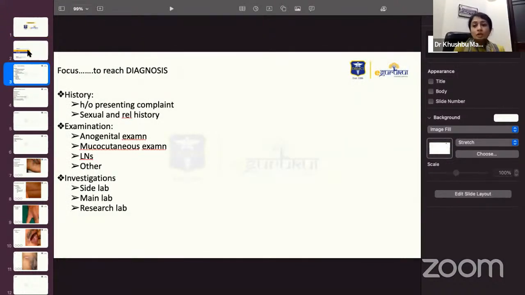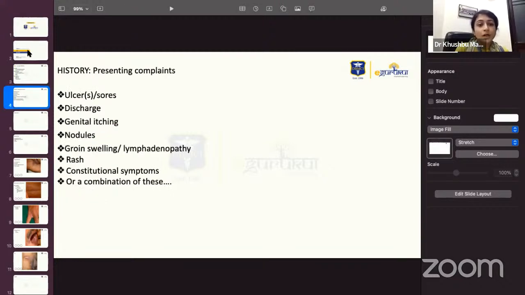Right. So when we are talking about reaching a diagnosis, our diagnosis always relies on three major aspects, which is usually given in your exam also: the history, examination, and some investigations. Now, in the history, it is very important to know what the question is asking you about.